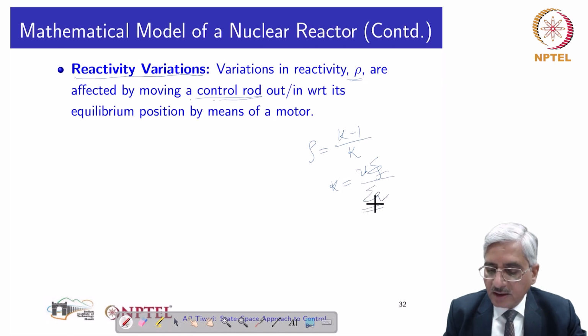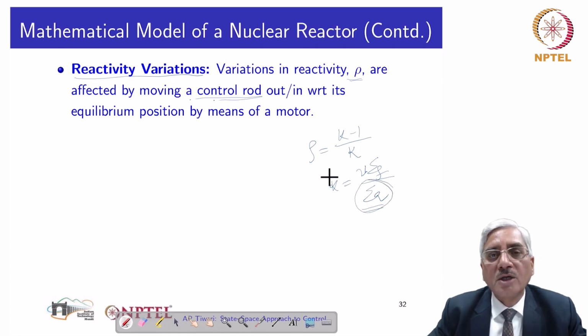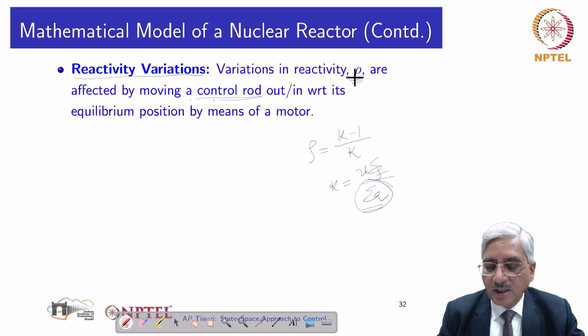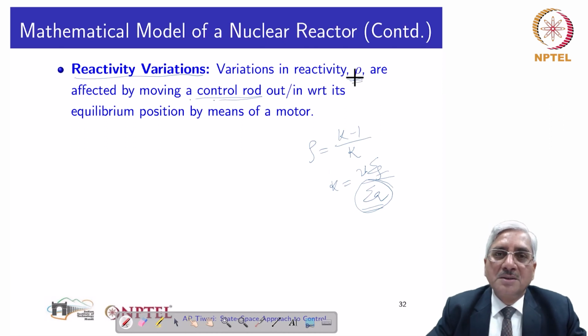So it depends on sigma a. So if we push a rod containing excess of neutron absorbing material inside the core, then it will cause reduction of reactivity, and it will cause the reaction rate to slow down, to happen at a slower rate.